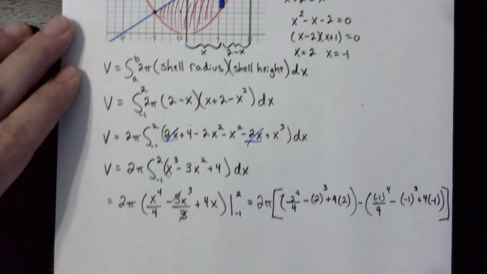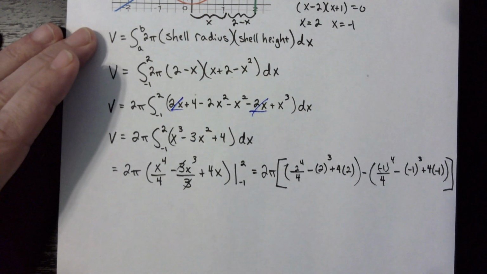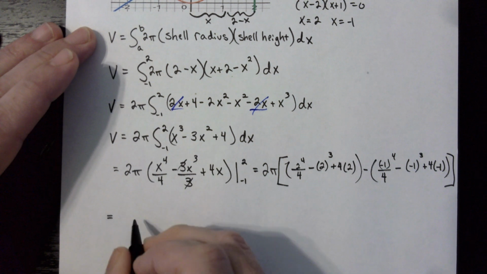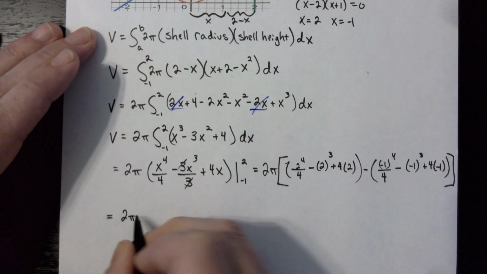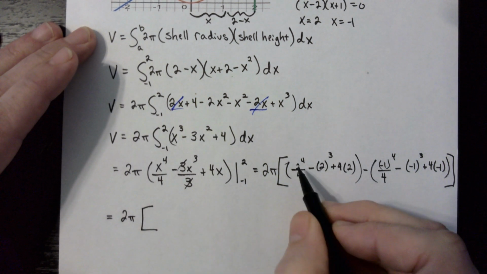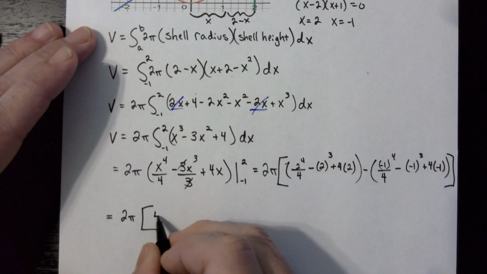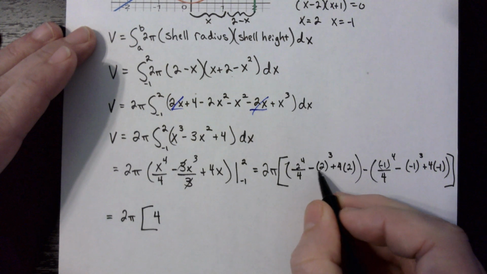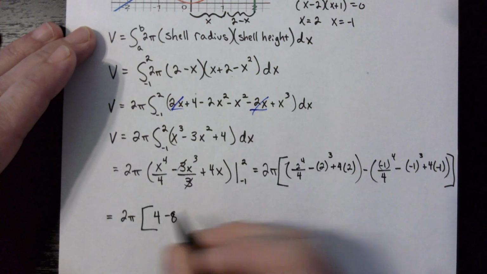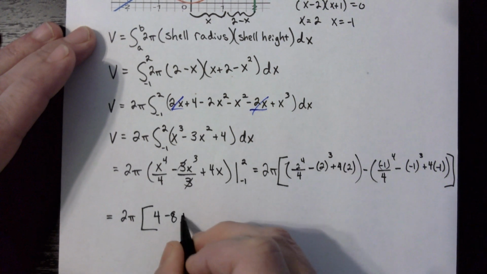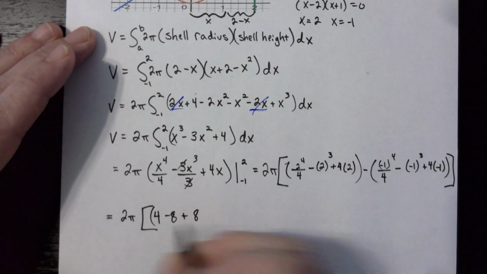Okay, let's continue to clean things up here. So equals, here's my 2 pi that's sitting out front. Okay, so 2 to the 4th is 16, divided by 4 is 4. Okay, minus, and then 2 to the 3rd is 8, so minus 8. And then plus 4 times 2 is 8, so those two things will cancel out in a second.